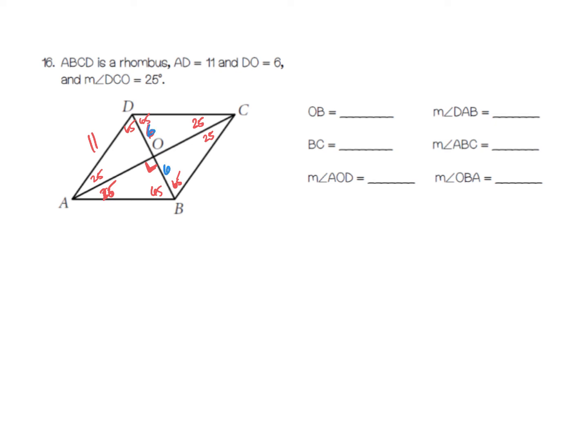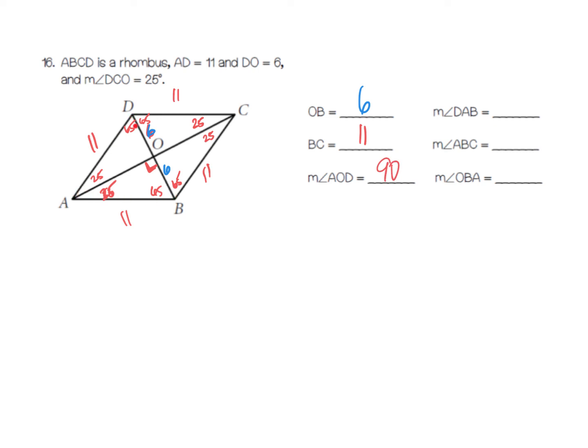All right, so let's see what all we need to know. OB we have labeled as 6. BC, we know all side lengths here have to be 11 because it is a rhombus. All right, so BC is 11. The rest are angles. So measure of angle AOD. AOD, that's got to be 90. The measure of angle DAB.